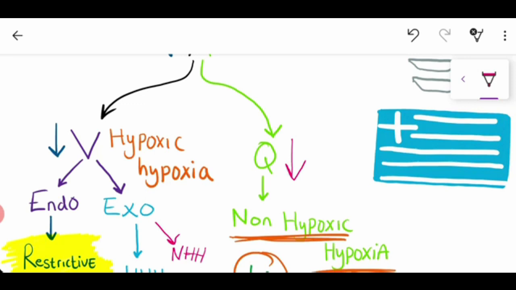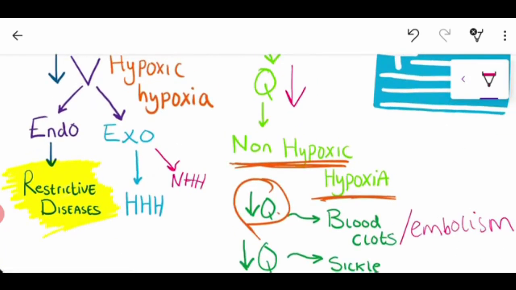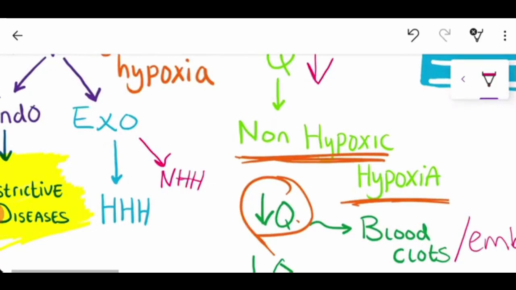That can consist of two factors, endogenous and exogenous. Exogenous, if you watched my previous video, is split up into hypobaric hypoxic hypoxia, triple H, or normobaric hypoxic hypoxia.